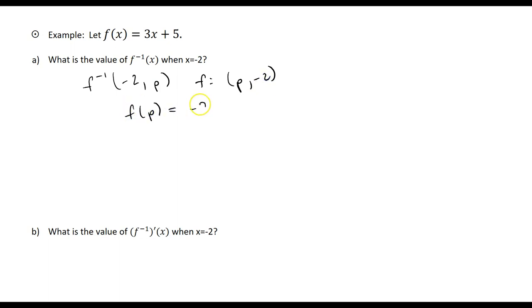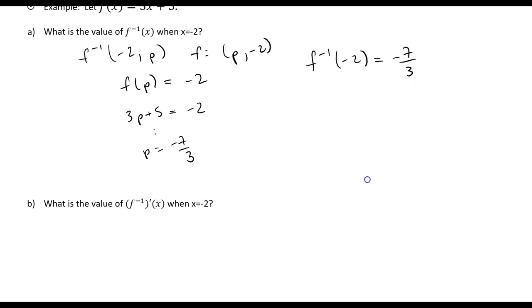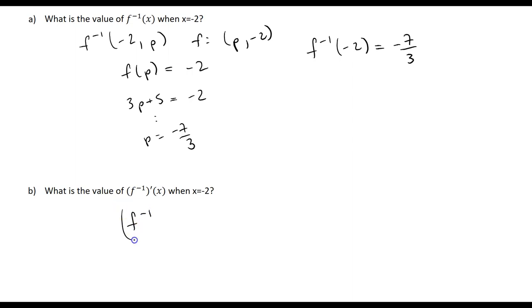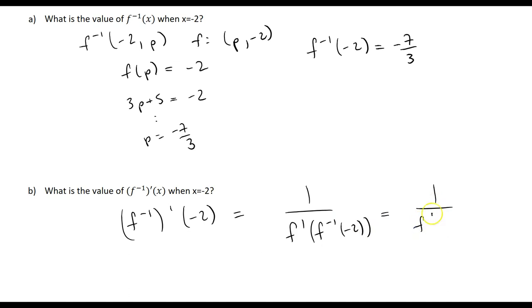So without ever actually finding the inverse, I have 3p plus 5 equals negative 2. And if I solve this, I get that p is equal to negative 7/3. So that tells me that f inverse of negative 2 is equal to negative 7/3. Okay. We also know that f inverse prime of negative 2 would be 1 over f prime of f inverse of negative 2, which would be 1 over f prime of negative 7/3.